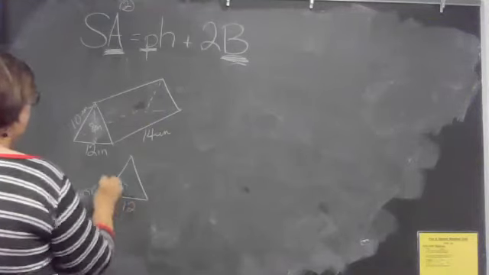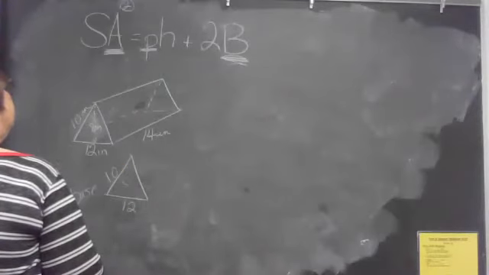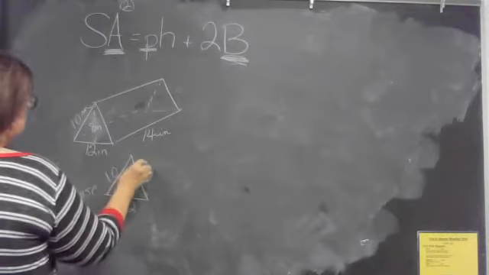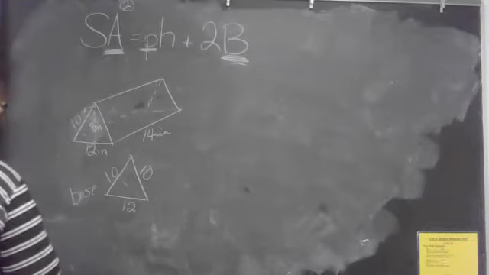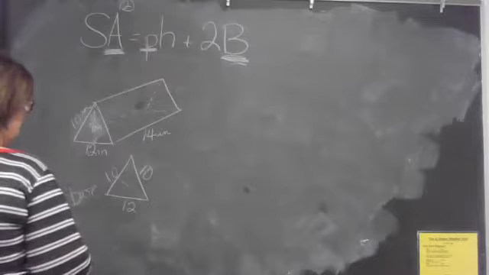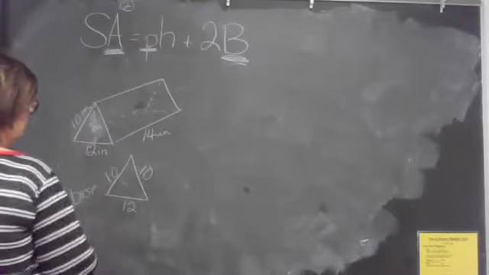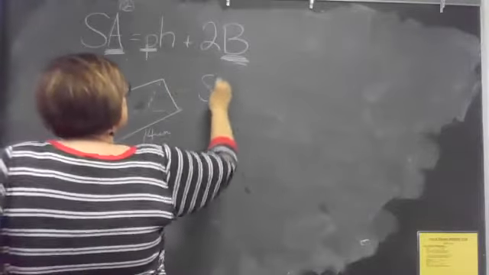So I have 12, 10, and 10. Okay, so I have to find the perimeter of the base. 10, 20, 32 is the perimeter of the base.